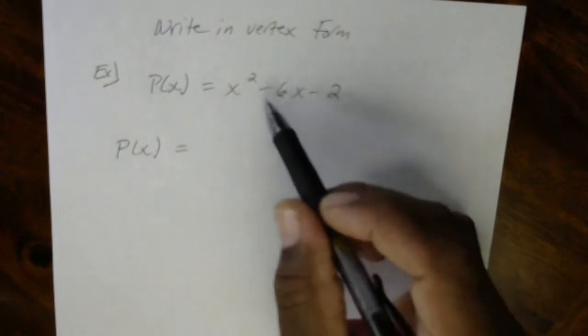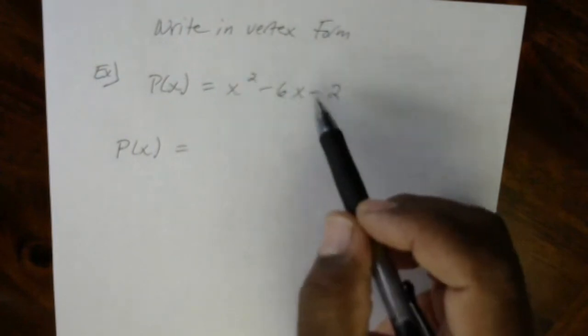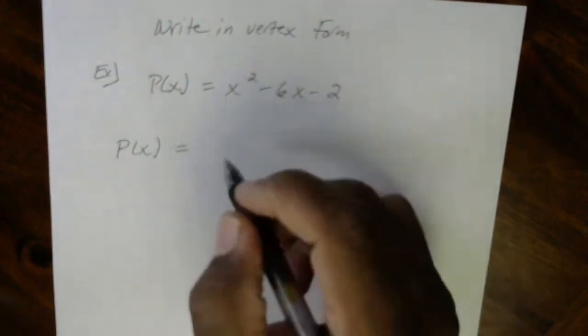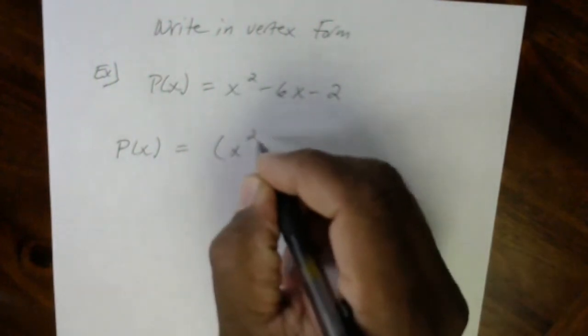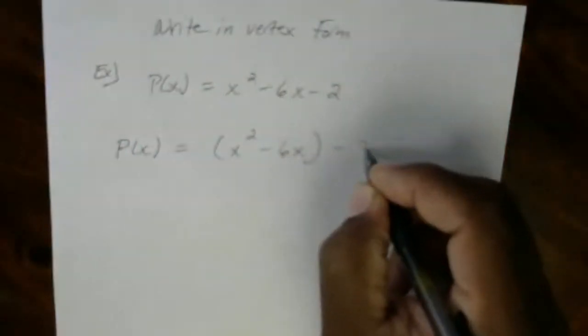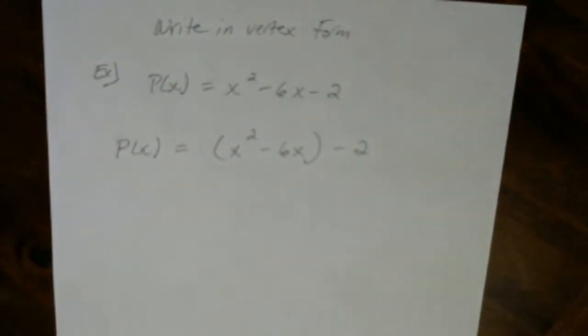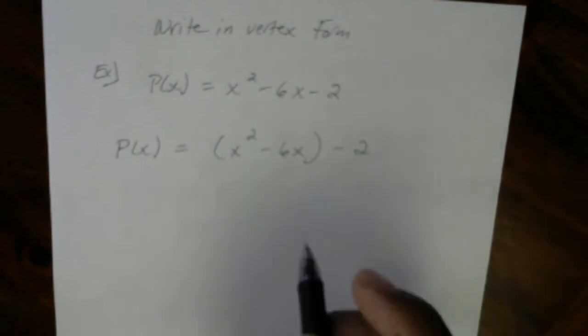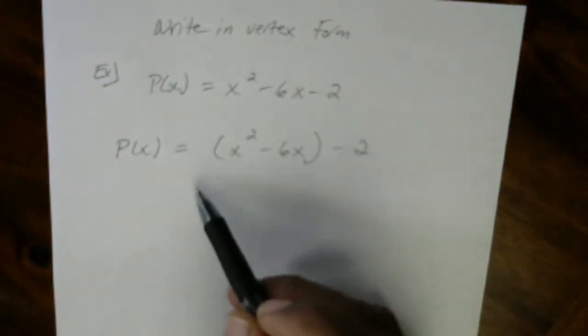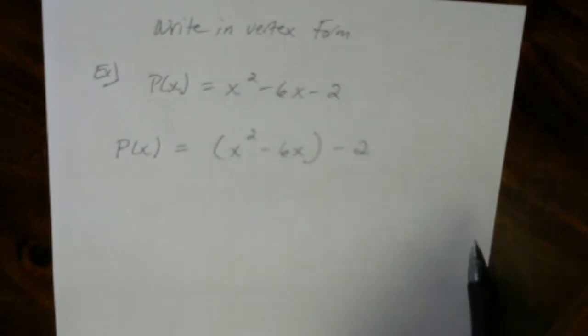The next thing I'm going to do is group my first two terms, my squared term and my first degree term, with a set of parentheses. So I haven't changed anything. What I started with is the exact same thing I have here. The only difference is a set of parentheses.